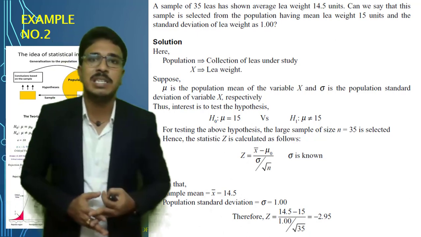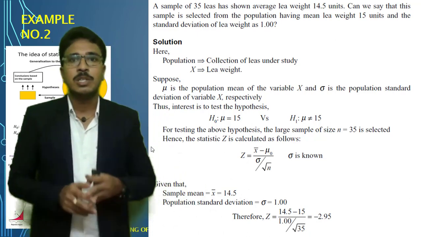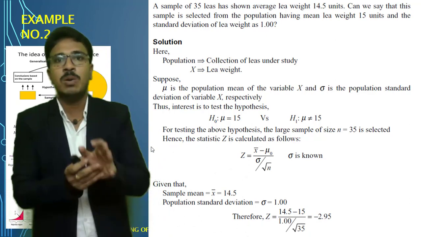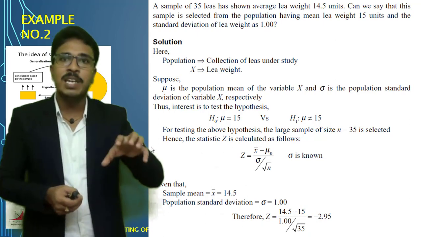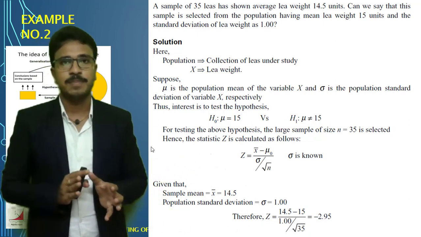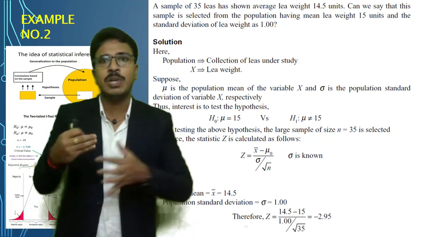So what you have to understand from the problem: there is a population where they found the average leaf weight is 15 units and the standard deviation is 1. Deviation from one value to another is 1.